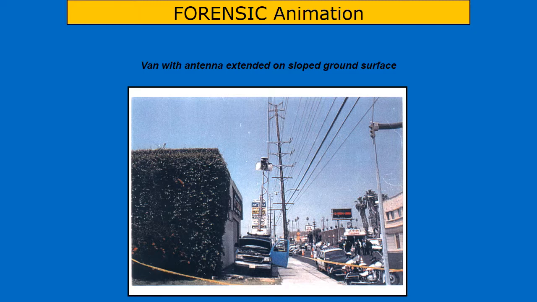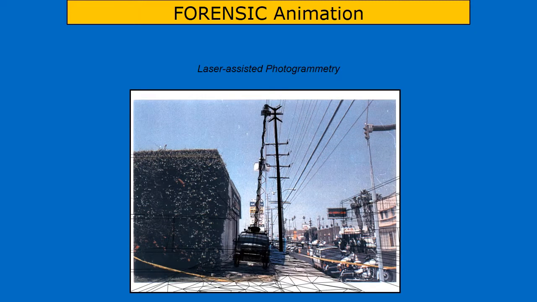And so using laser-based photogrammetry, we can then use this photograph to place our 3D model in the scene. Now, as you look at this, one of the biggest challenges is it's parked on a slope, and so the van is tilted. The passenger side of the van is higher than the driver's side of the van.